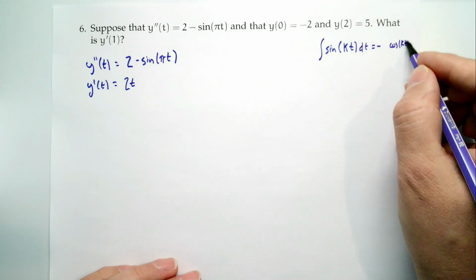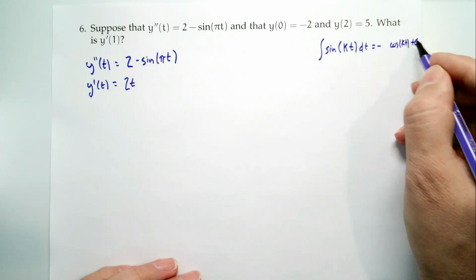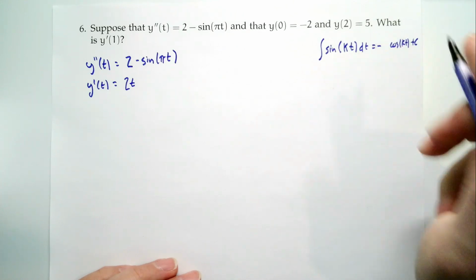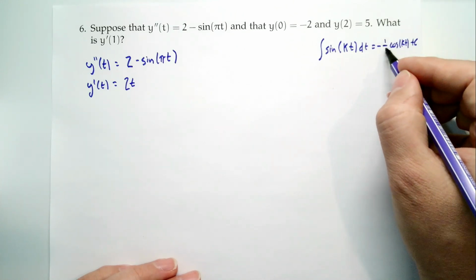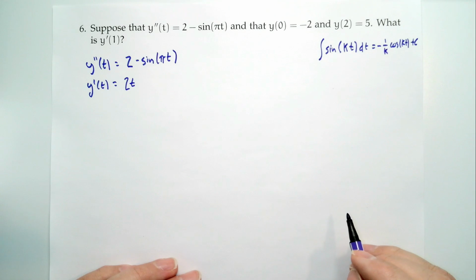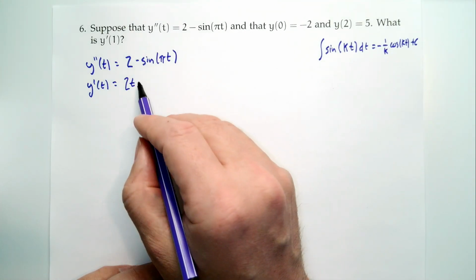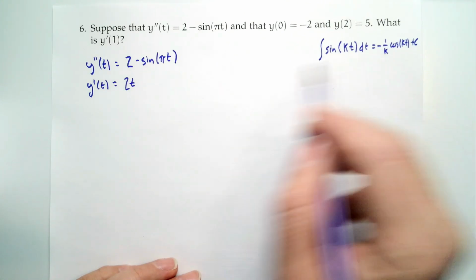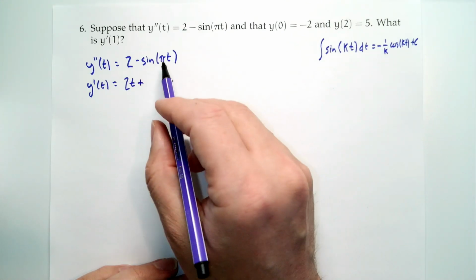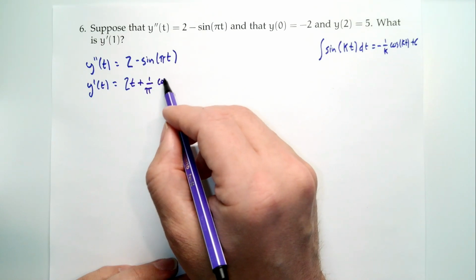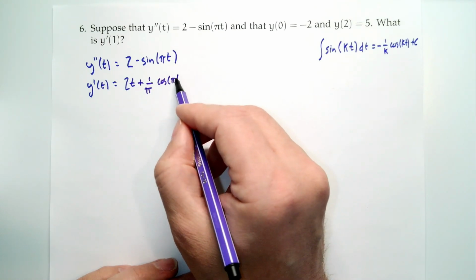The only thing that we have to do, and there's always a constant c on the end, is account for the fact that there's a k on the inside. And you do it by multiplying by 1 over k out front. So here we have a minus sign. Because of that other minus, that'll become a plus. The k is pi, so there's a 1 over pi. And then there's a cosine of pi times t.